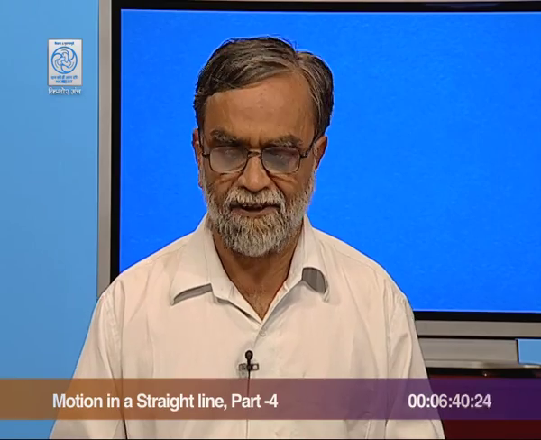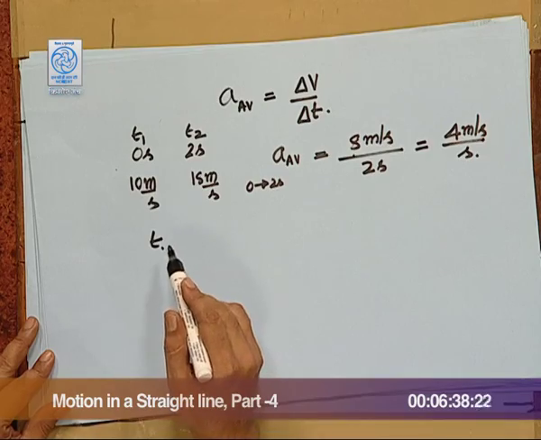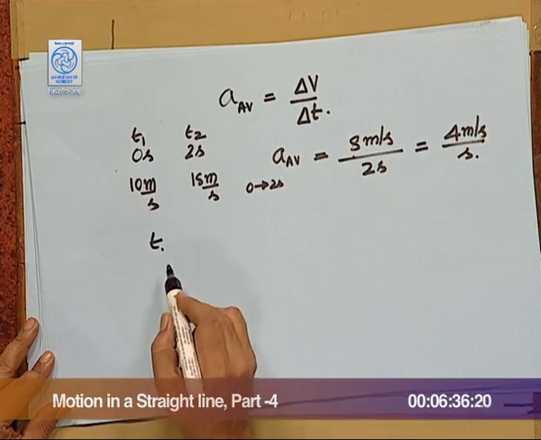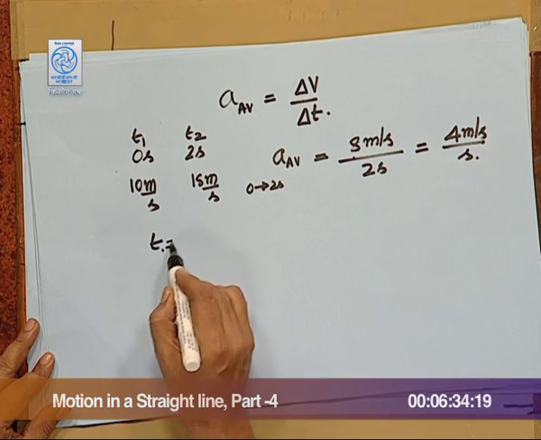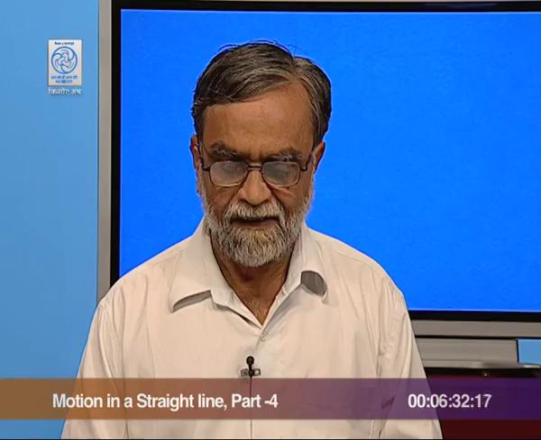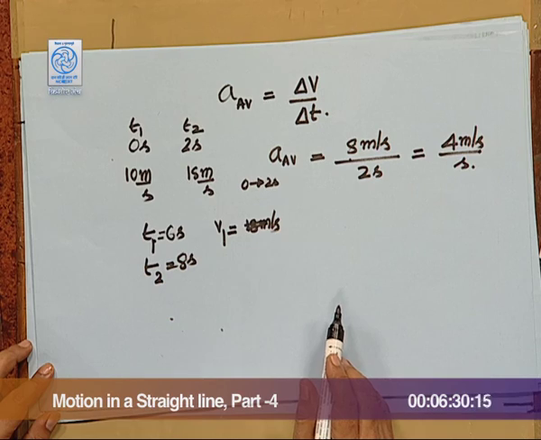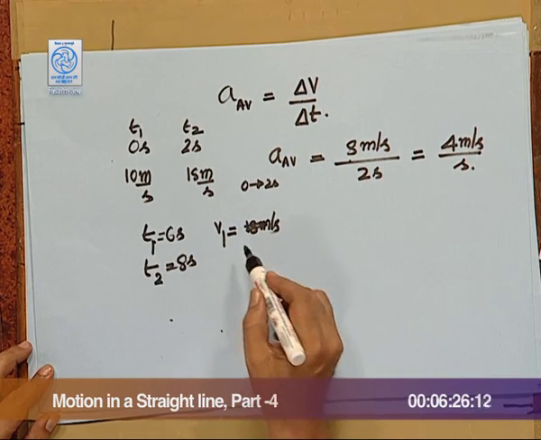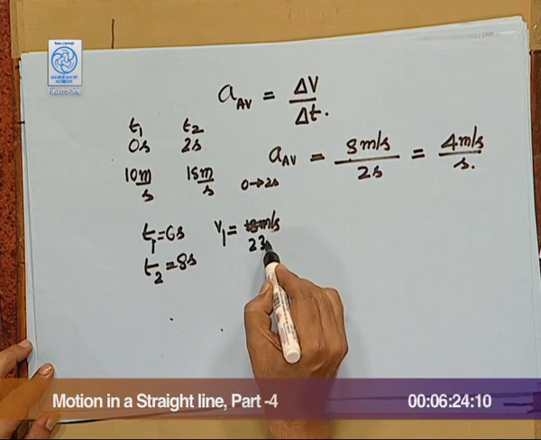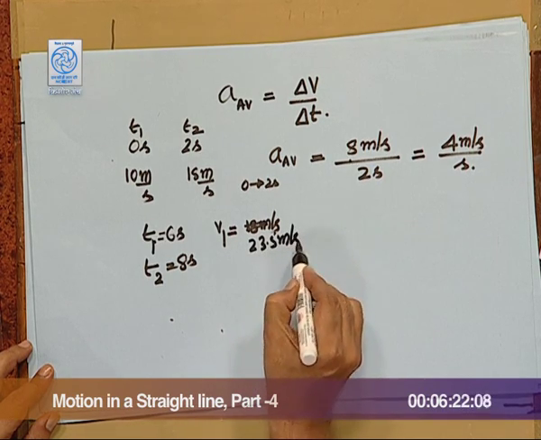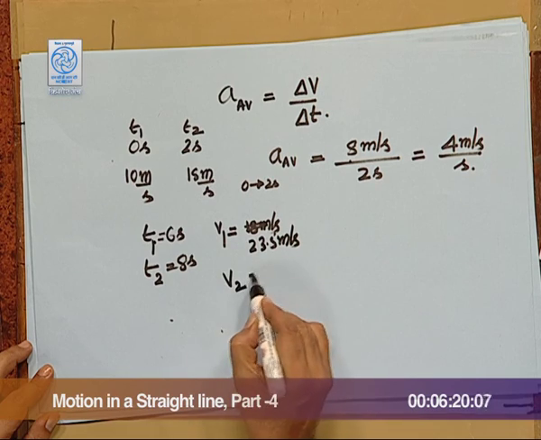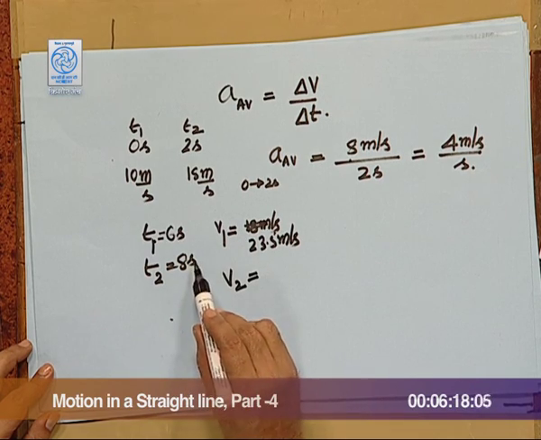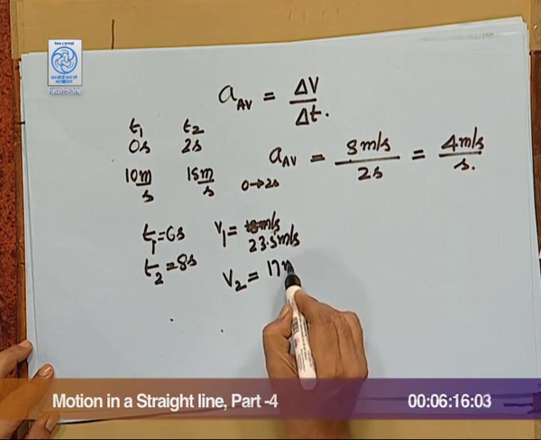Now the average acceleration in the time interval from t1 equal to 6 seconds to t2 equal to 8 seconds. At t1 equal to 6 seconds, the velocity is 23.5 meters per second and the velocity at t2 corresponding to 8 seconds is 17 meters per second.